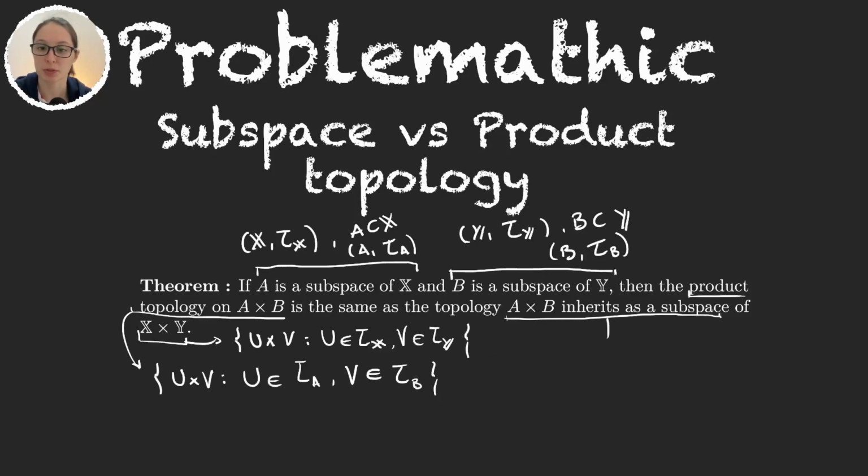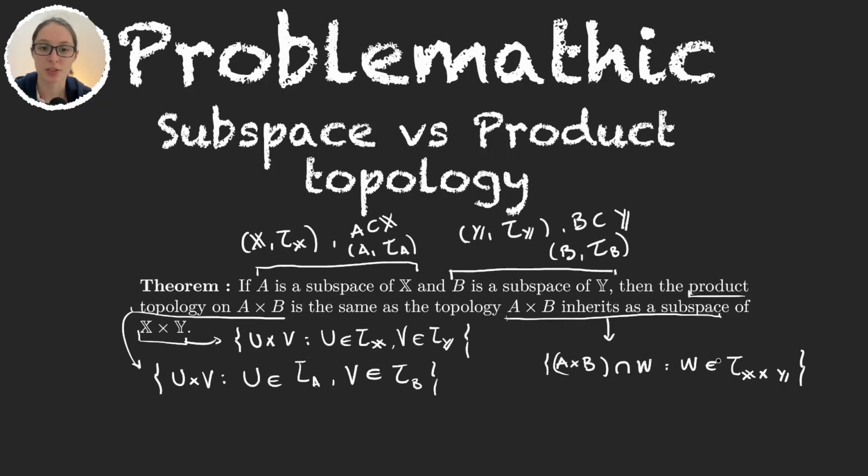So this topology, from what we've seen in our last video, is going to be A times B intersection W, where W is an element in the topology of the product space X times Y. We can, without loss of generality, suppose that W is going to be one of these elements in the basis. So W is going to be U times V, and we can use that to prove the theorem.